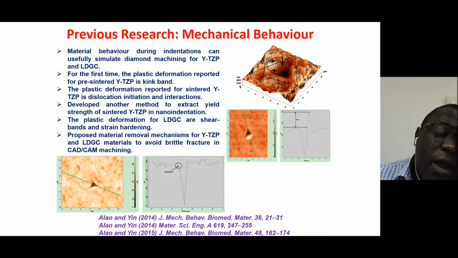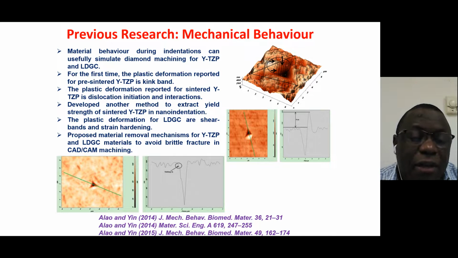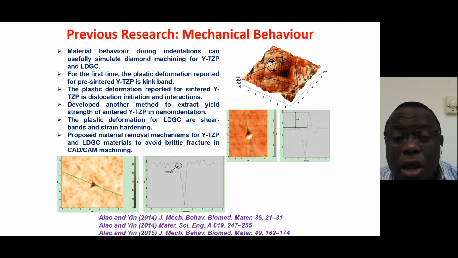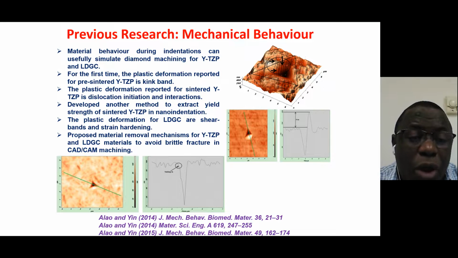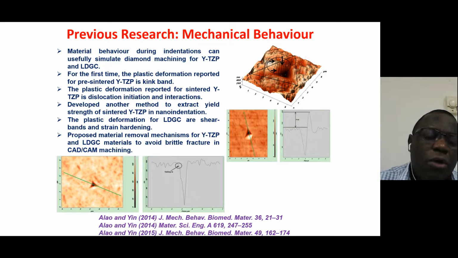So the strain hardening process in lithium disilicate and lithium metasilicate glass ceramics accounts for the brittleness of the material, because the material undergoes little or no yielding because of the strain hardening process.